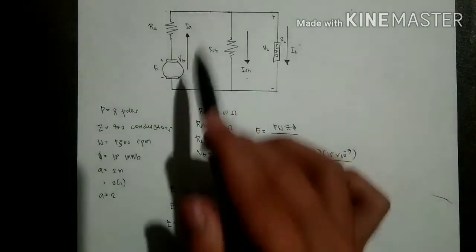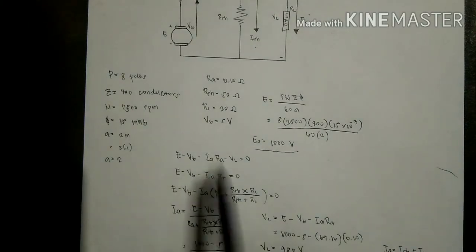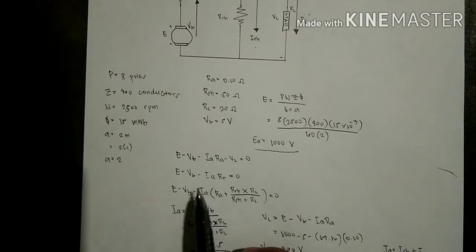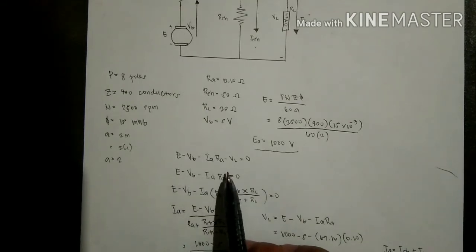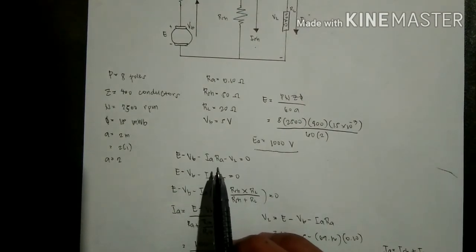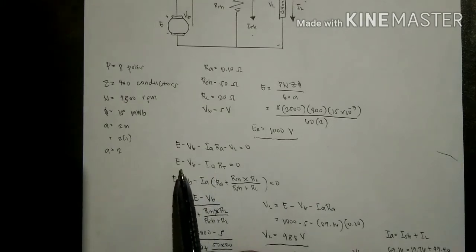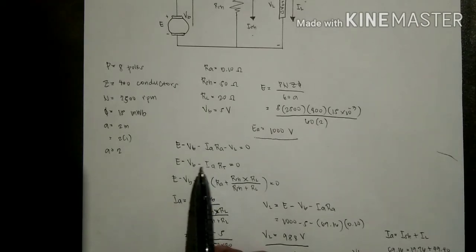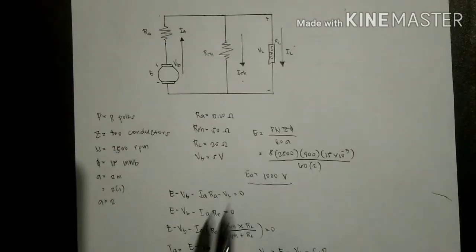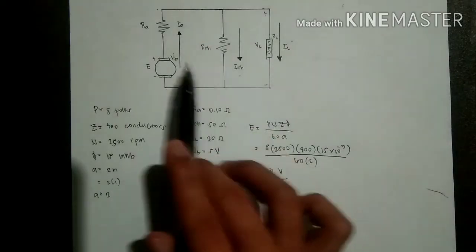Let's formulate the equation again. From E minus VB minus IA times RA minus VL, we can manipulate it into this equation: E, the generated EMF, minus the brush drop, minus the IA, or armature current, times the R total of this circuit diagram.